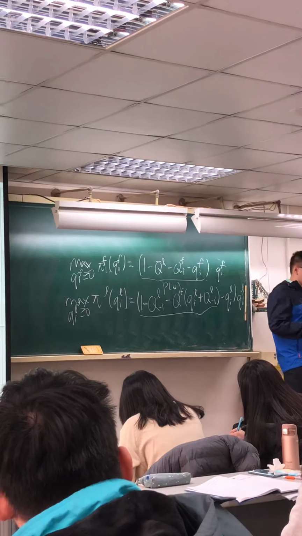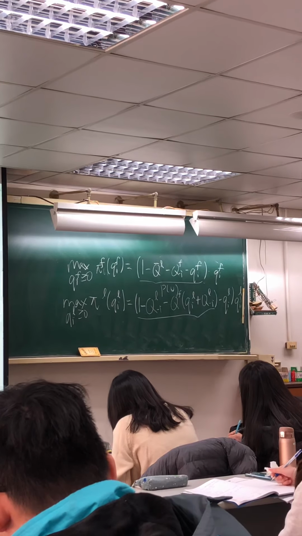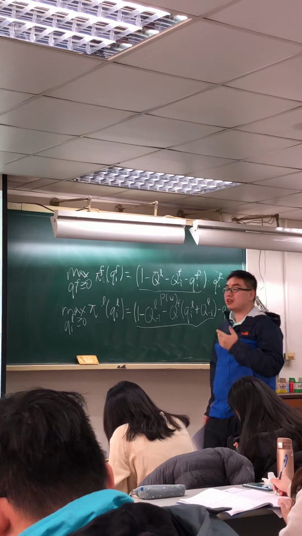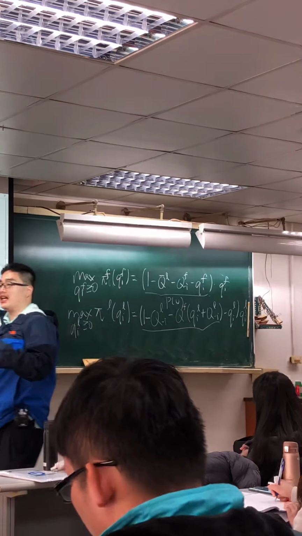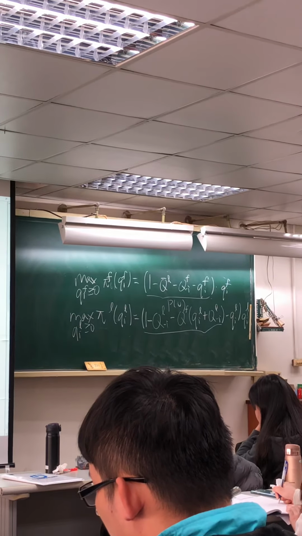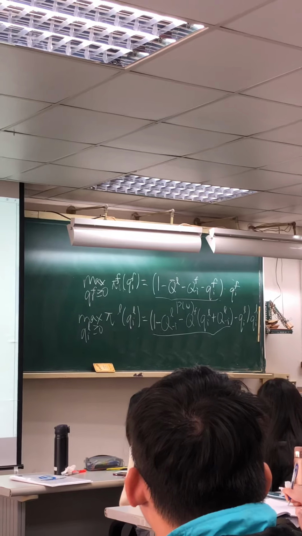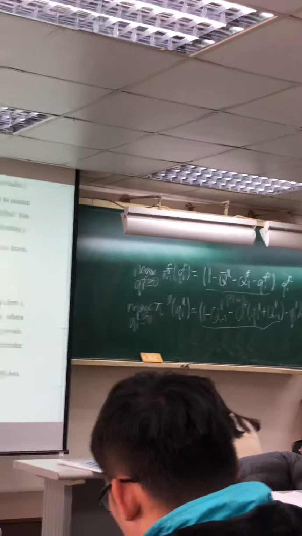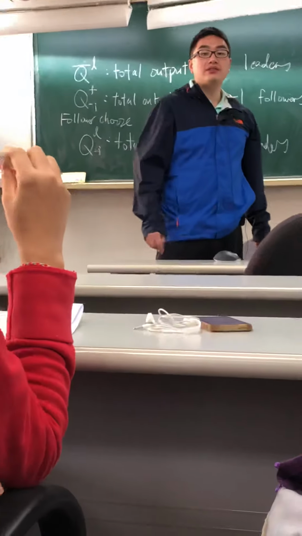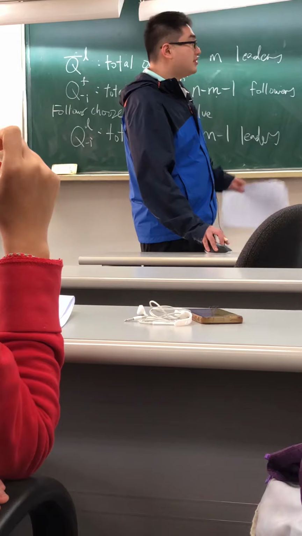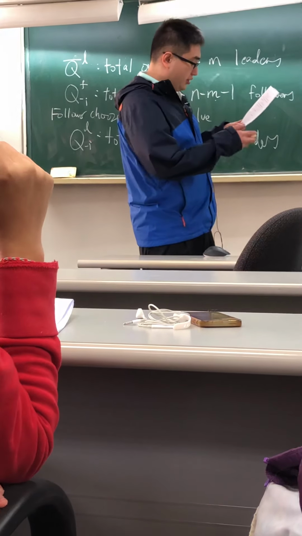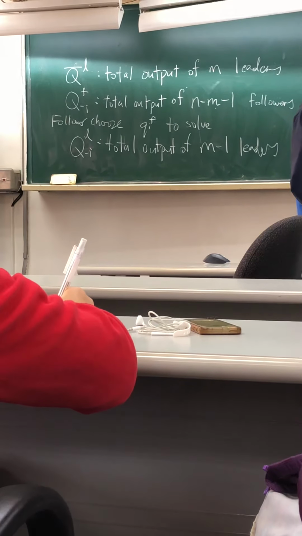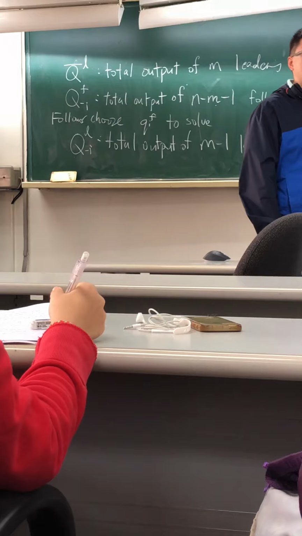So I already solved part A for you as a courtesy, and for part B, you just need to take the first order condition with respect to QIF for the follower, and with respect to QIL for the leader, and assuming interior solutions, you can find the best response function of the follower to the leader's output, and also you are able to find the profit maximizing output of the leader.